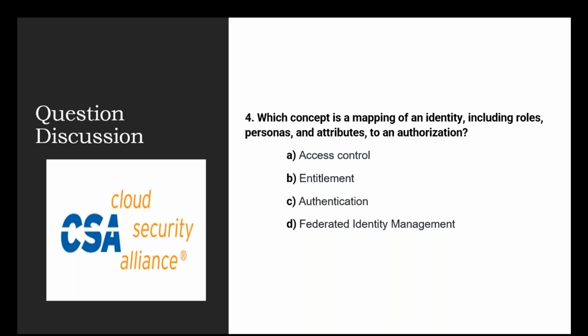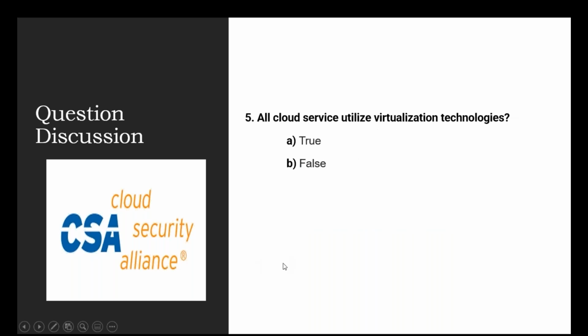So first you need to create an entitlement table, which is the mapping of roles and their permissions, right? So here the correct response is B, which is entitlement. Okay, guys, great. Let's move on to the next question.